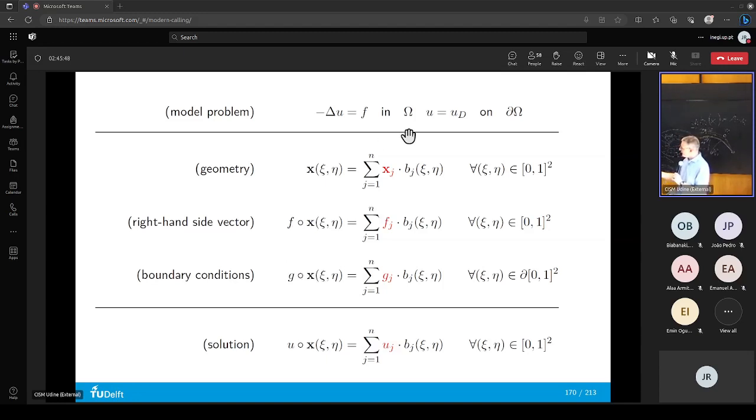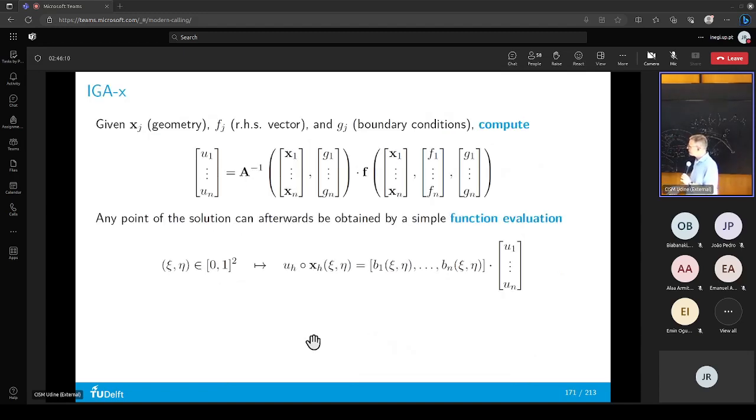We encode it by either the same or a different basis, and the finite quantity that we feed in are the control points. And what we want to get out is, again, a finite quantity, namely the control points of the solution. Okay, so far so good.